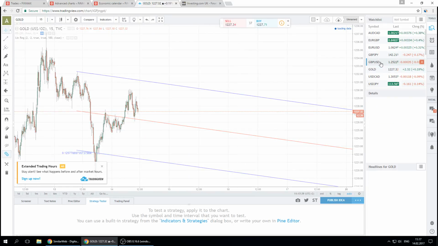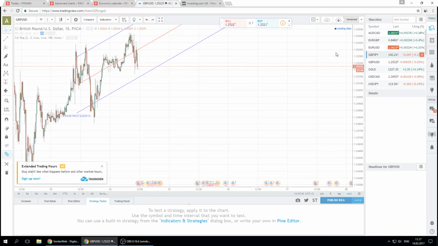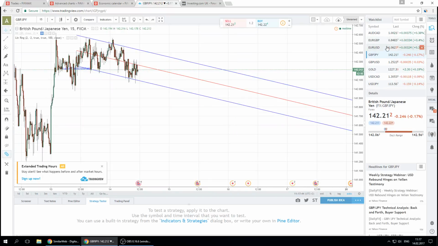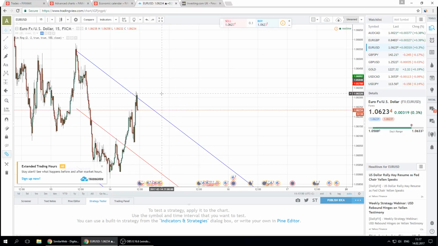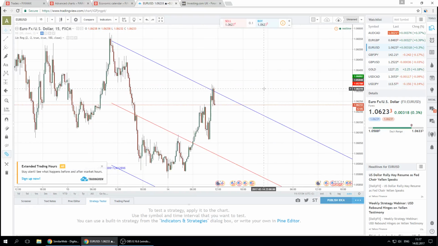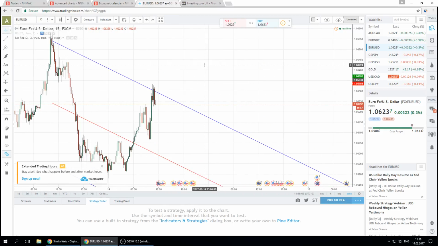Let's switch to 15 minutes. Okay, what do we have here? Basically the situation is also pretty good to open a trade for Euro USD, 15 minutes. As you see, the price reflected from the upper side of our trend line and started to move in the opposite direction.